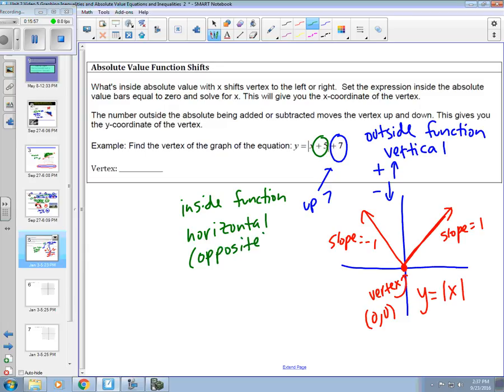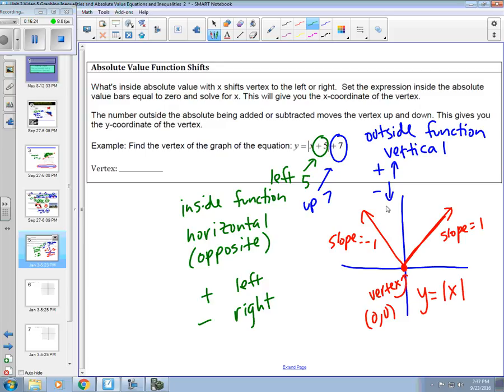Usually plus 5 here would mean we're going to the right, because positive is usually to the right on a graph. But remember, we're opposite inside the function, so the plus 5 actually is going to move it left 5 spots. So inside the function, if you're adding something, it actually is going to go left. If you're subtracting something, it's going to go right.